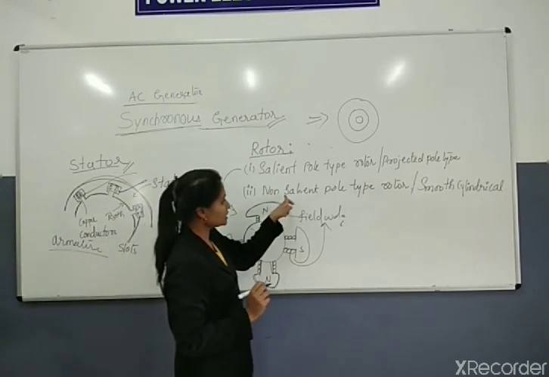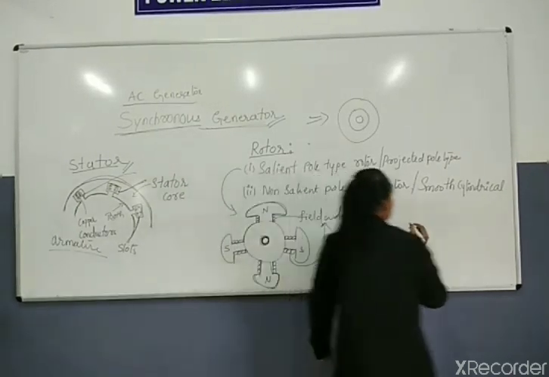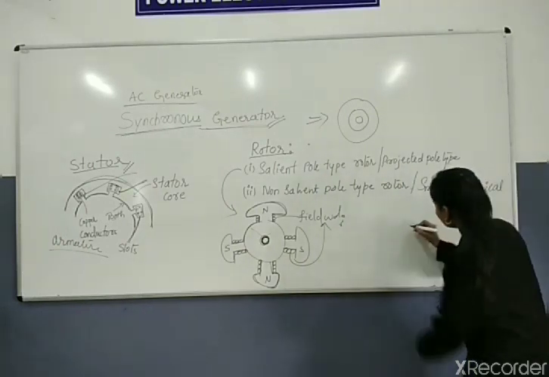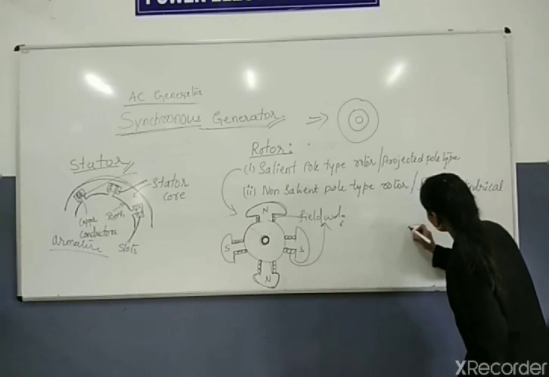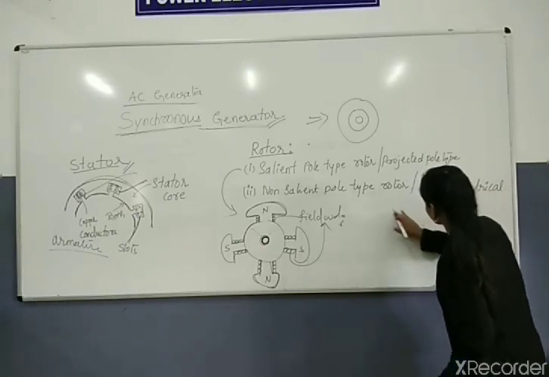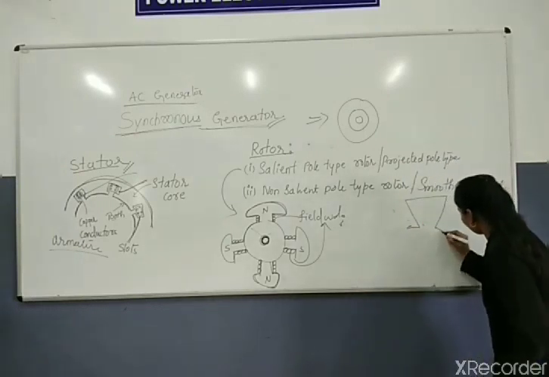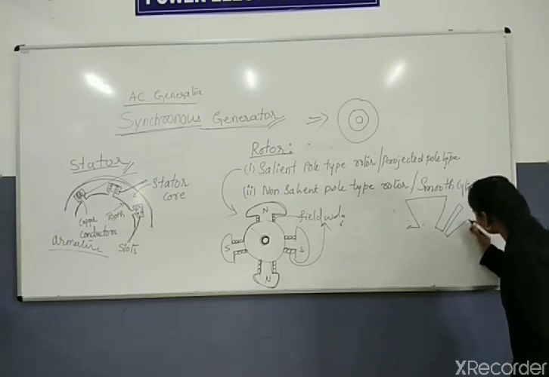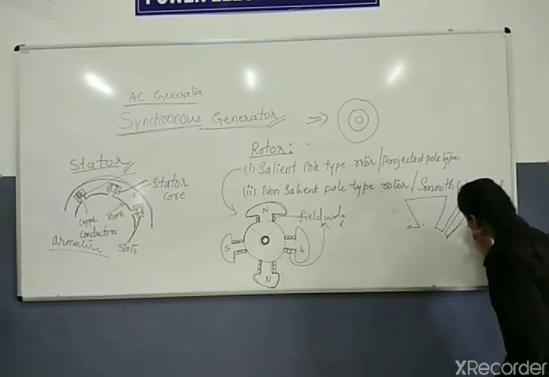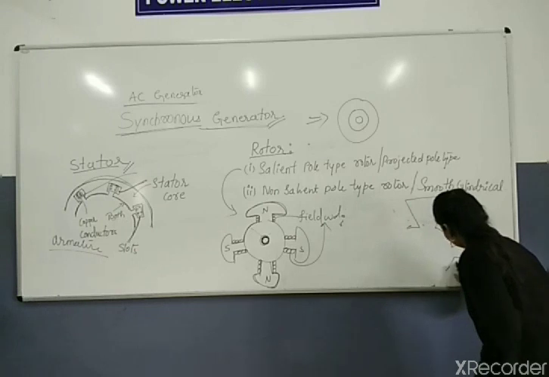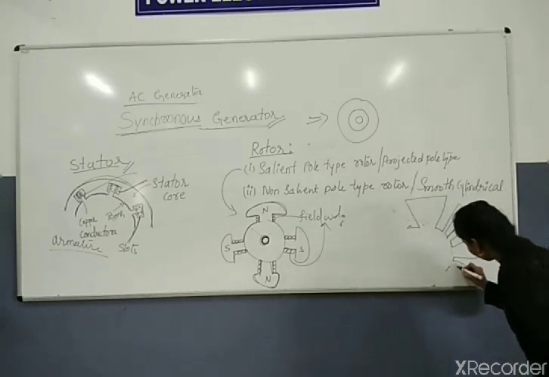Now we will see the non-salient pole type rotor. It consists of a cylindrical shaped rotor. Cylinders of very small radius will be inserted, and you can wind a number of field windings on this.